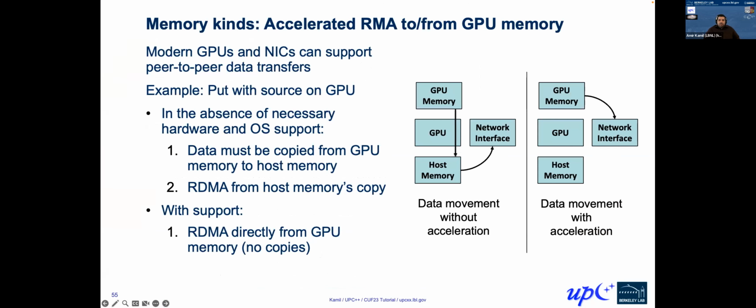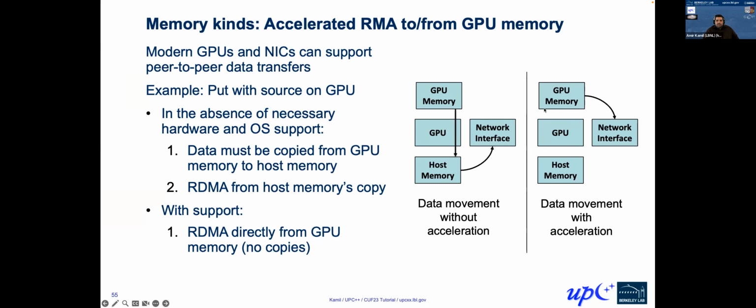Yeah, we didn't really have time to talk about this during the main portion of the presentation, but essentially UPC++ supports direct GPU memory transfers between either local or remote CPUs and GPUs. And so modern GPUs and network interfaces can actually do this direct transfer.